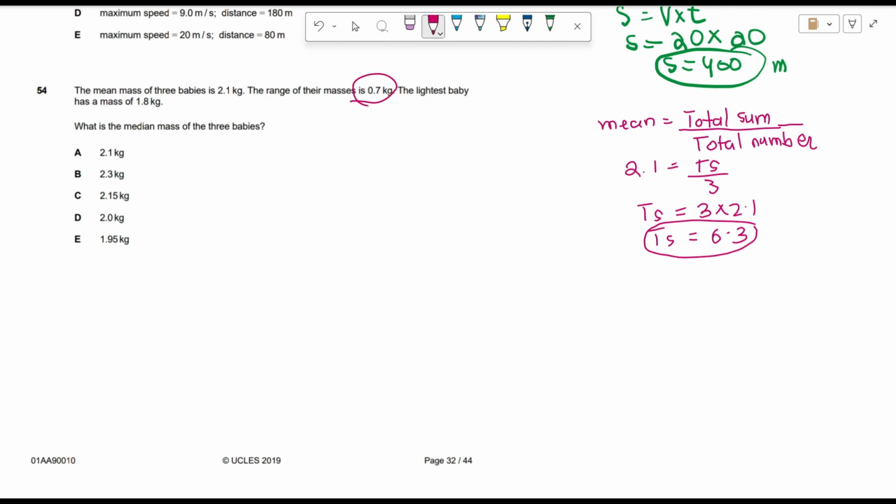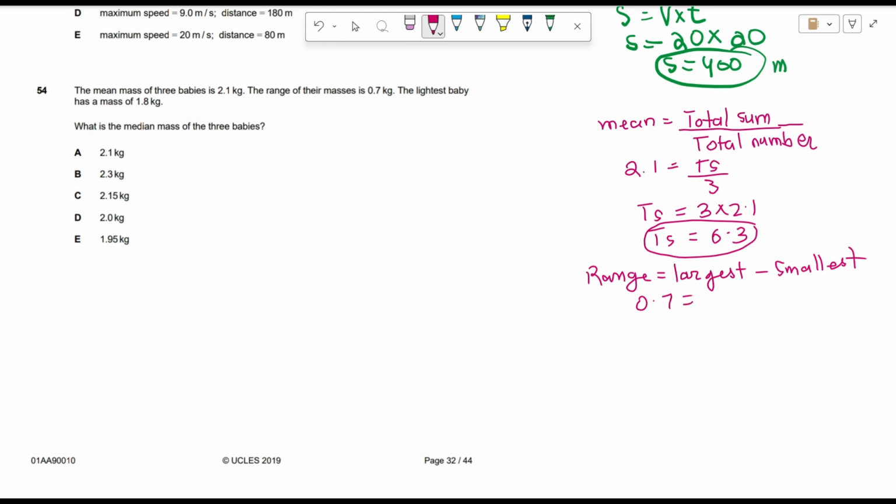Range is given as 0.7 kg. And the formula for finding the range is largest value minus smallest value, right? And range is already given to us, which is 0.7 kg.